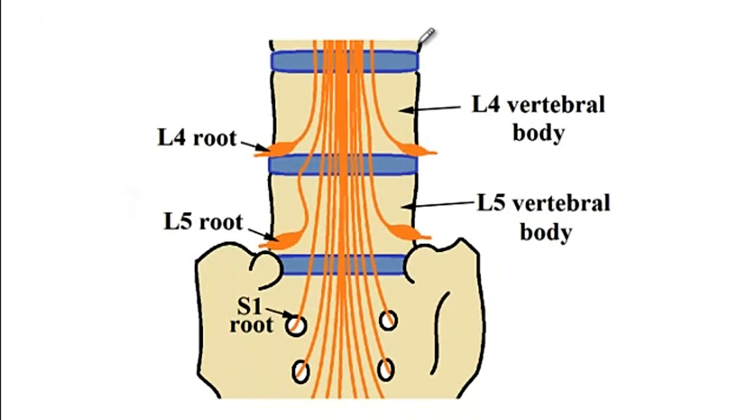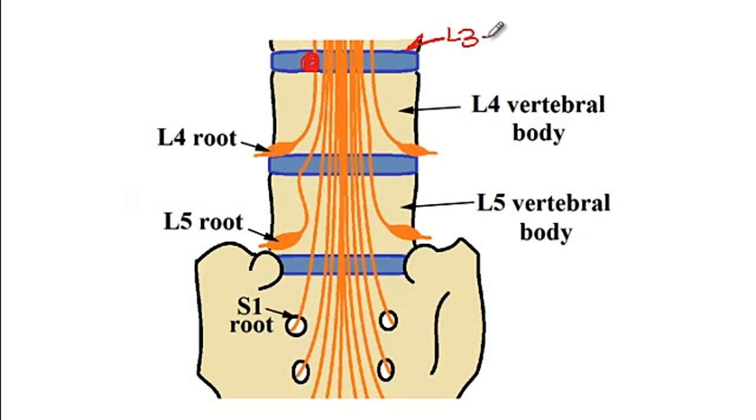So here on the top we have the L3 vertebra, then we have the L4 and then L5, and after that we have the S1. So with the L3, L4 vertebral disc herniation, which will happen here, you see that it's the L4 nerve root that will be affected.